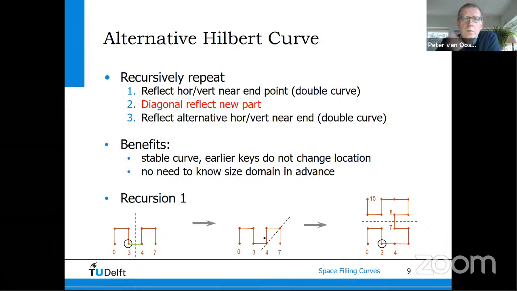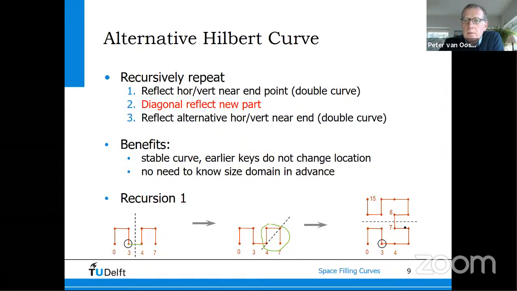And what you will do after the mirroring, you will rotate the added part, or you will mirror in a diagonal. That's a better term. You will mirror the added part. So this was added. And you mirrored it in a diagonal.